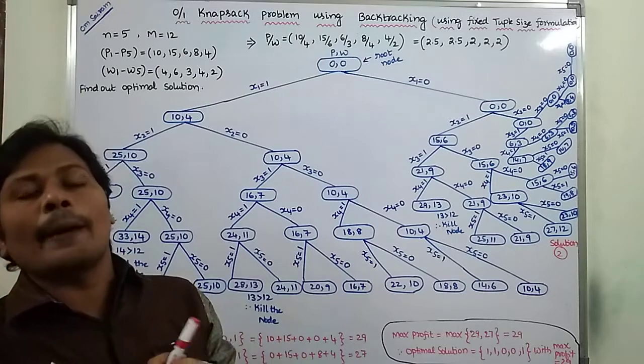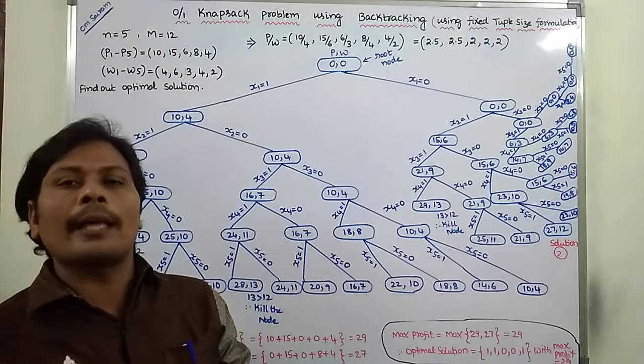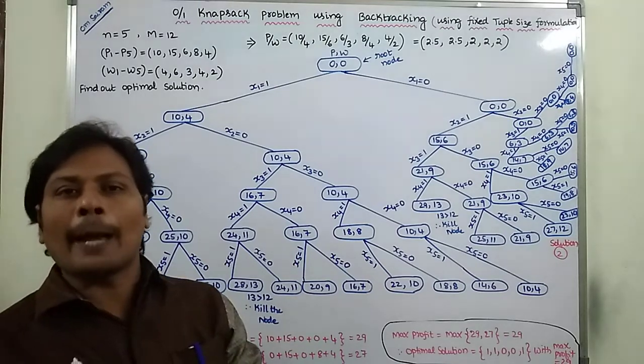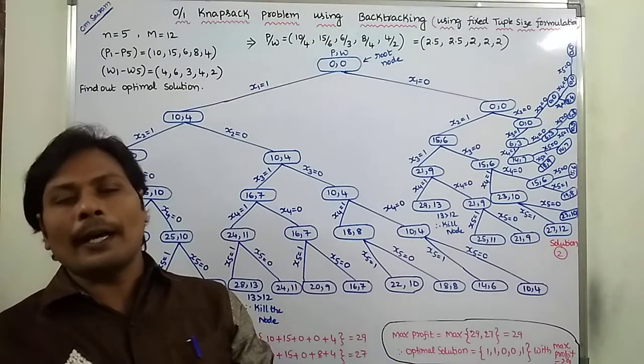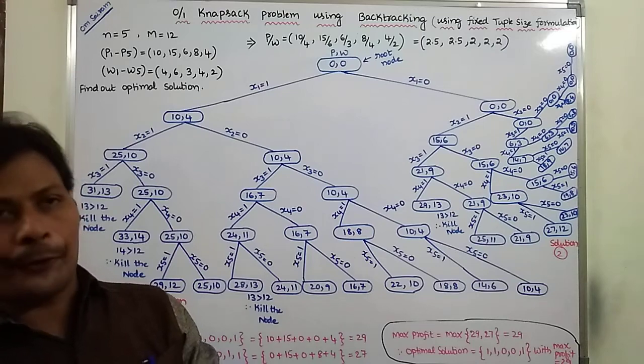The main objective of the knapsack problem is to attain the maximum profit. How do we attain the maximum profit? We place the most profitable objects into the knapsack with respect to the capacity of the knapsack. Then we get the maximum profit.